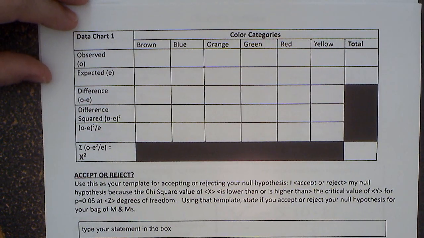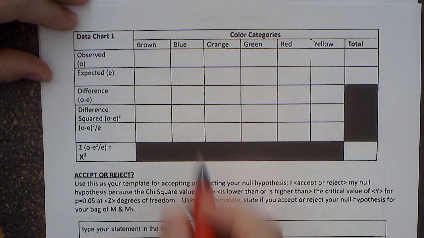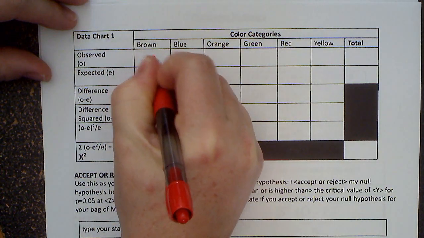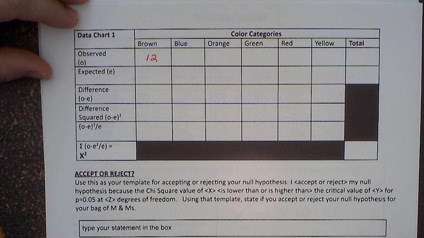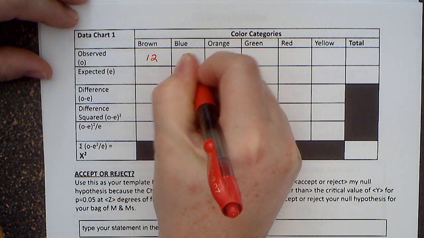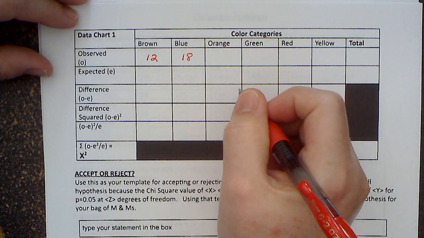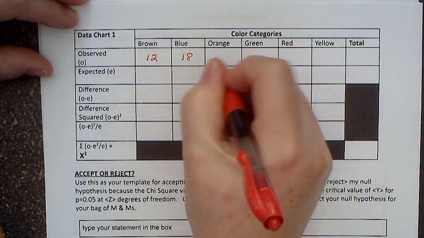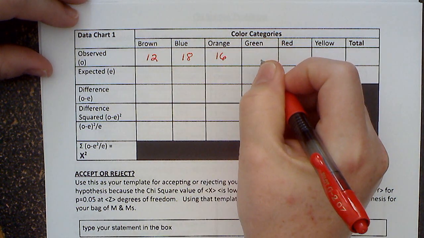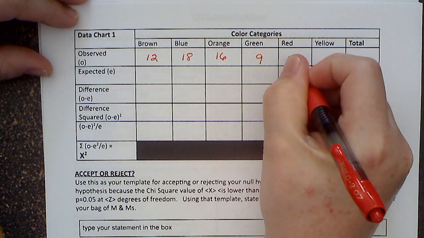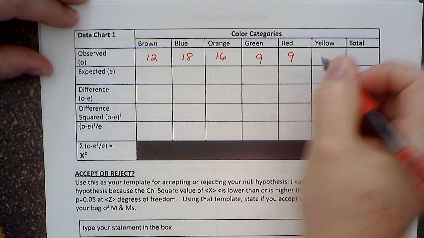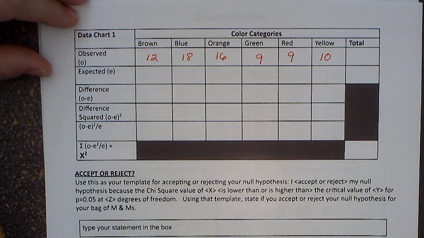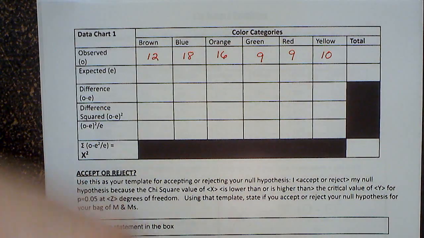All right, so for our peanut M&Ms, for brown we have 12. That's my observed value. For blue, we have 18. Oh, there's our dominant color, blue again. Orange, we have 16. Green, 9. Red is 9. And yellow was 10. Now I need to add those all up.